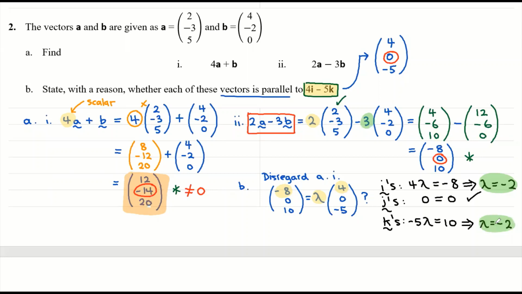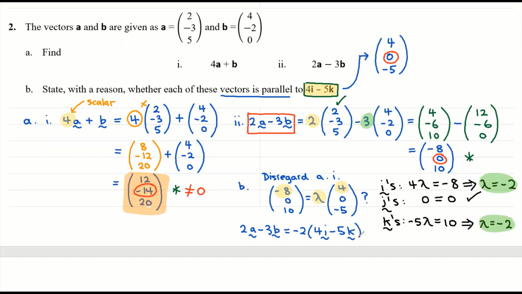So just to answer part B in conclusion, state with a reason. So we can see that the vector 2a subtract 3b, which we found earlier, is equal to -2 multiplied by the 4i subtract 5k.